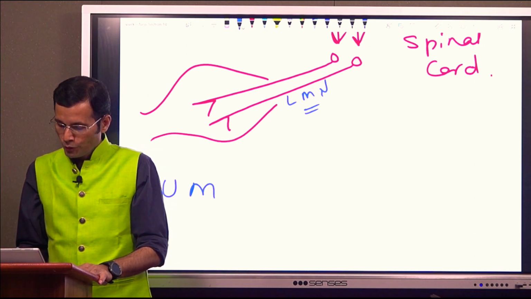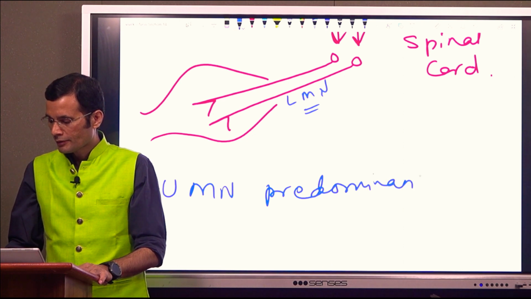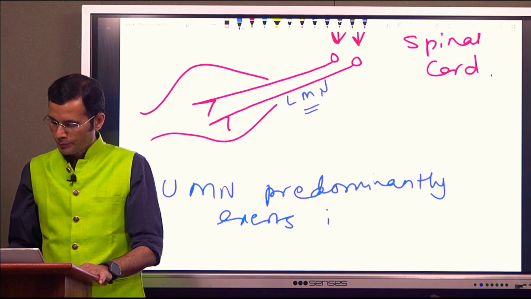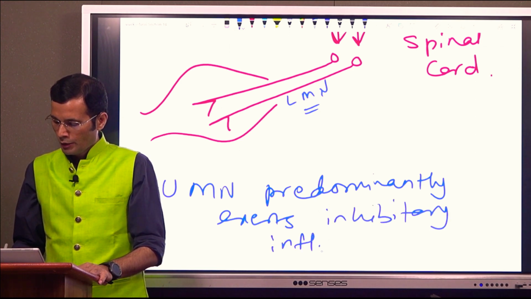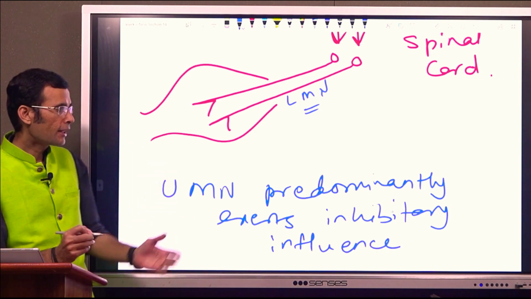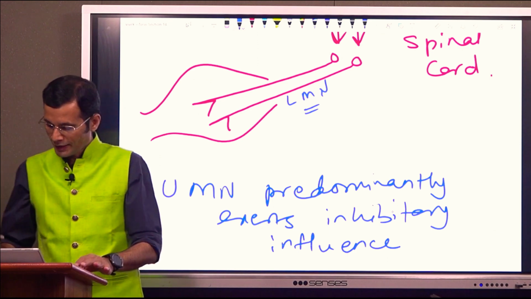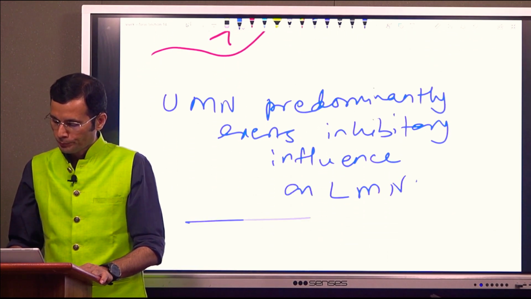So, the upper motor neuron predominantly exerts an inhibitory influence on the lower motor neuron. This should always be kept in mind. Predominantly, not exclusively, but predominantly exerts an inhibitory influence on the lower motor neuron.